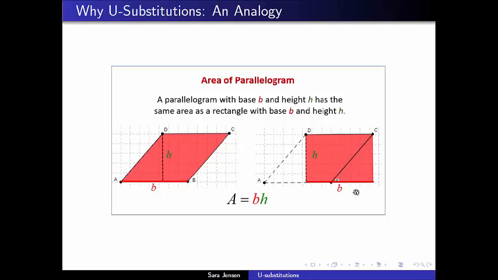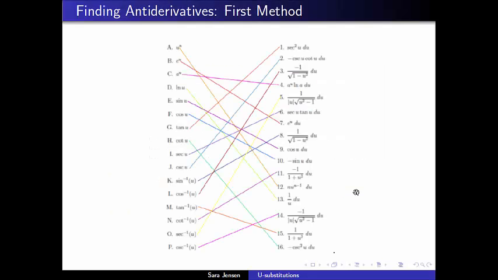And that's an analogy for what's going on with U-substitutions, both indirectly and later on when we use definite integrals directly. So let's bring that analogy to fruition here. What I have shown right here are what I believe to be my basic functions that we use very frequently in a calculus course. Over here on the right-hand side are the derivatives of those functions, and we've gone through a process of matching each function on the left with its derivative on the right.